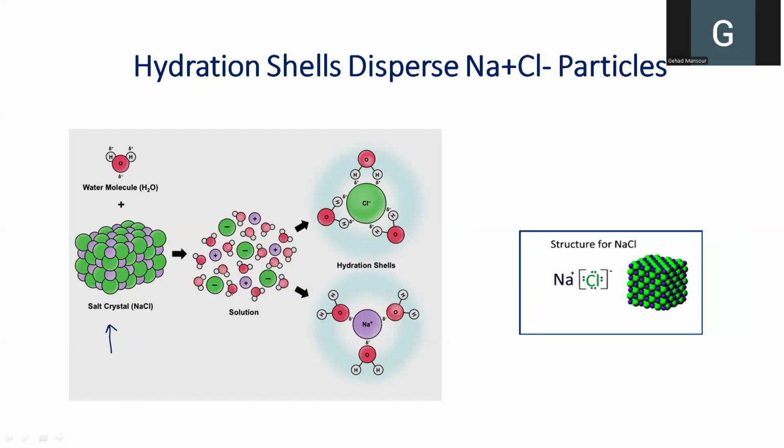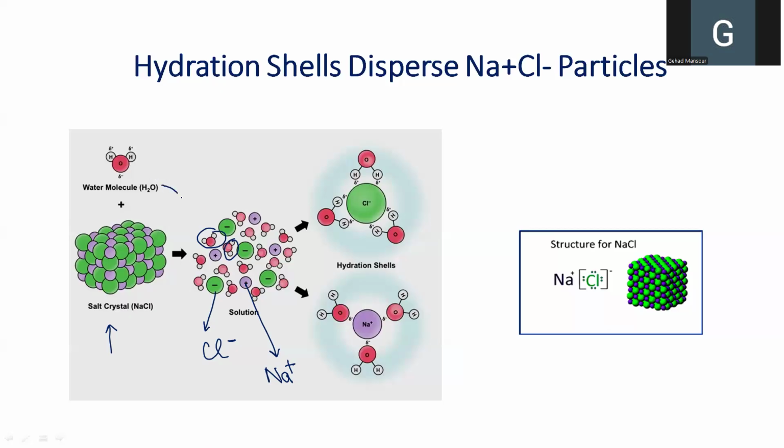So here you can see the negative particles are the chloride particles of sodium chloride, whereas the positive particles, the purple particles, are the sodium cations. And in between them, you have those small molecules that are the water molecules.